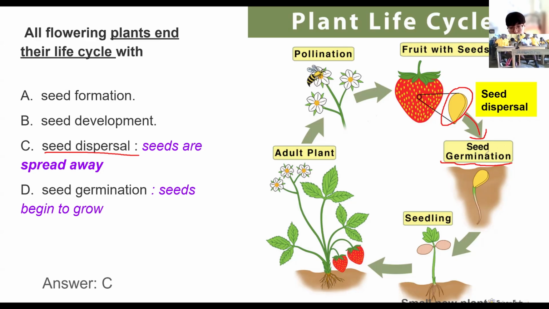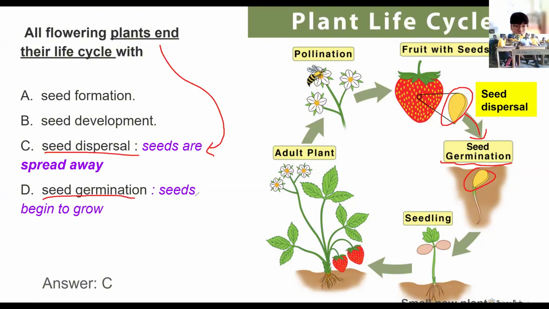And that's where the life cycle starts, with the seed germination. So at the end of a plant's life, the plant must spread its seeds across. And that starts a new plant life cycle. So remember that the end of the plant life cycle is the seed dispersal, where seeds are spread away.